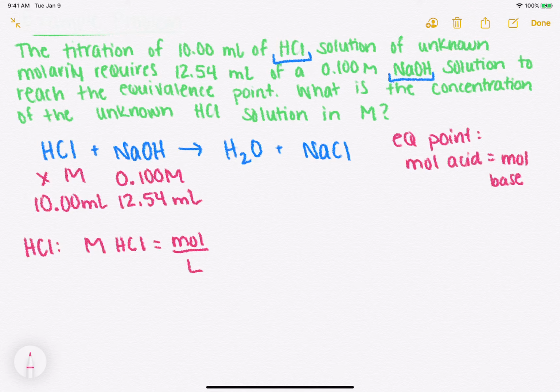We already know our liters of solution because it just tells us that we have 10.00 milliliters of HCl solution. Easy enough. So we can fill in that information. So the molarity of our HCl equals some amount of moles over, we don't know the number of liters. We have to do a unit conversion for that.